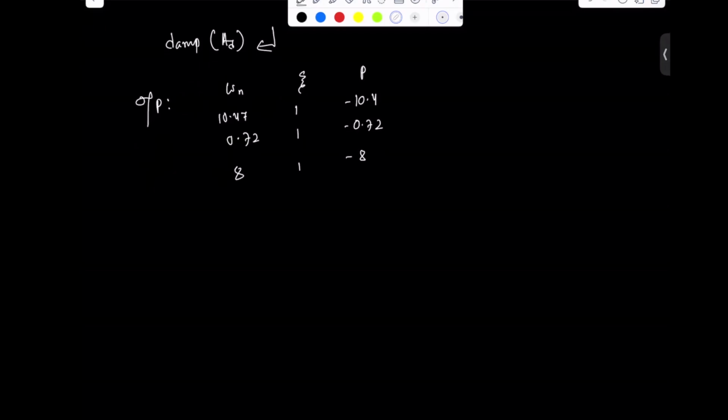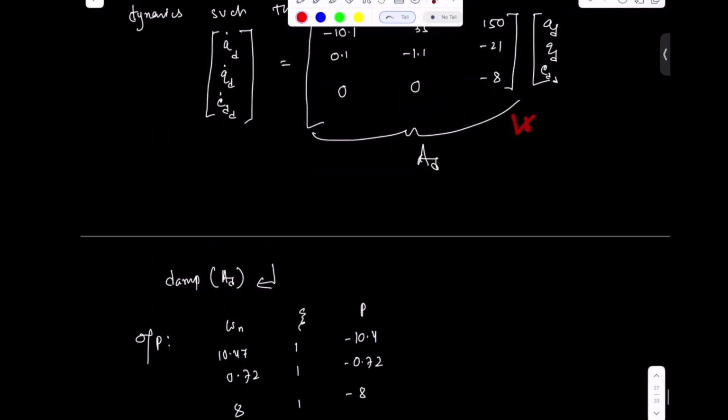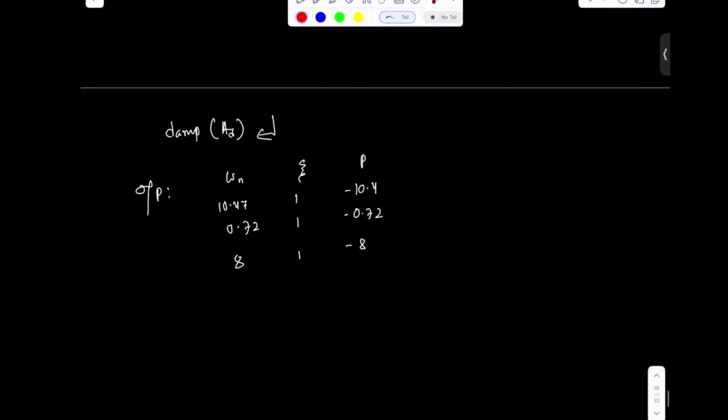If you notice carefully, all desired poles are on the left-hand side, so we can say this system is stable.